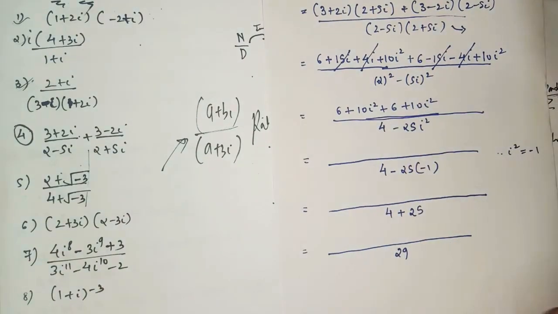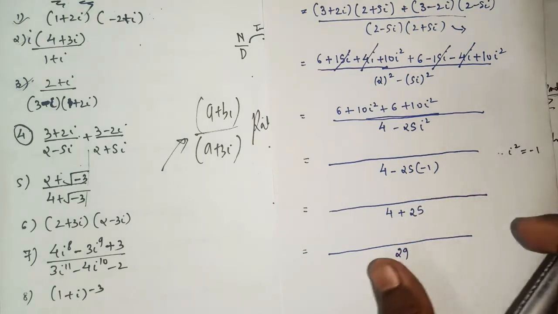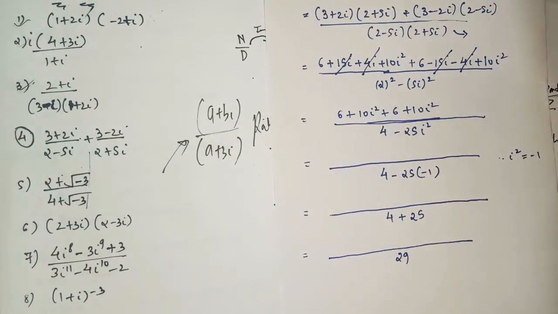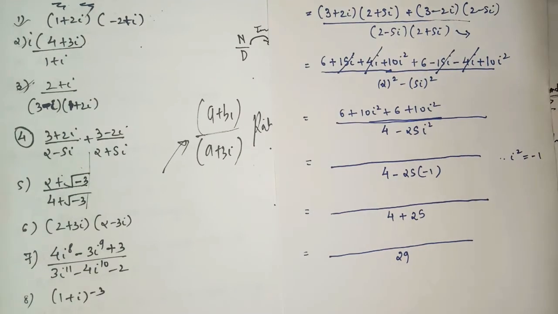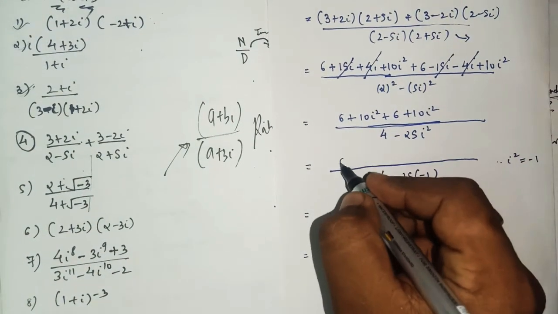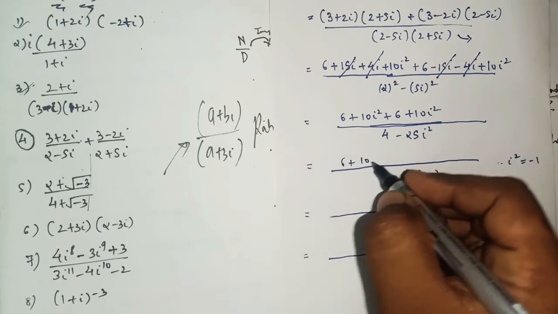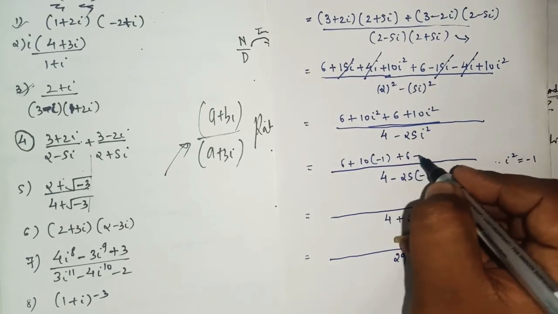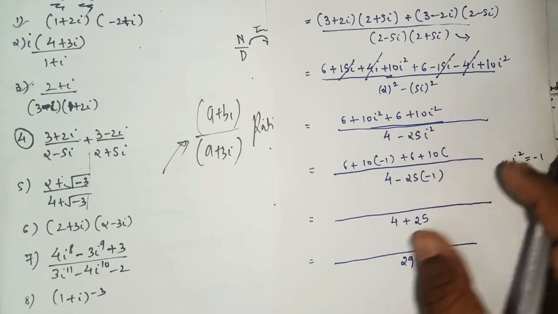As I told in the first video lecture as well as in the last video lecture also, whenever you come across the value of i square, i cube, you have to replace the value of i. Whenever the power of i is more than 1, see to it that you replace the value first and then solve the sum. So here the next step will be what? 6 plus 10, i square will be what? Minus 1, plus 6, i square will be what?